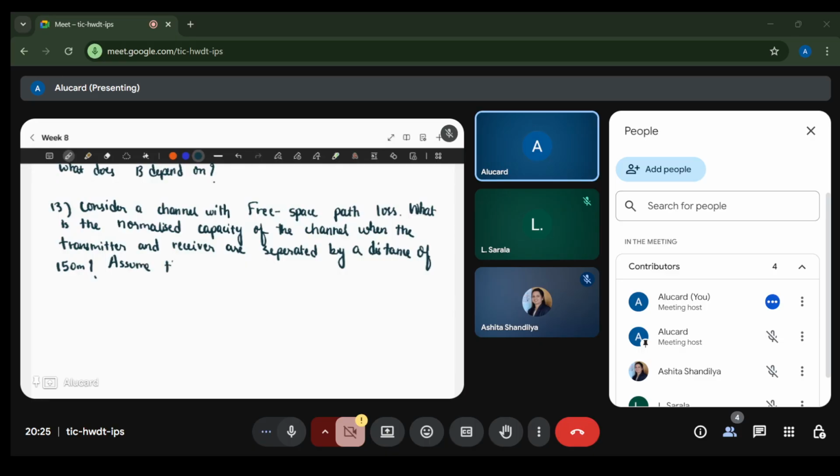Assume that transmit power is 30 dBm, receiver noise minus 80 dB watts, carrier frequency 900 megahertz.